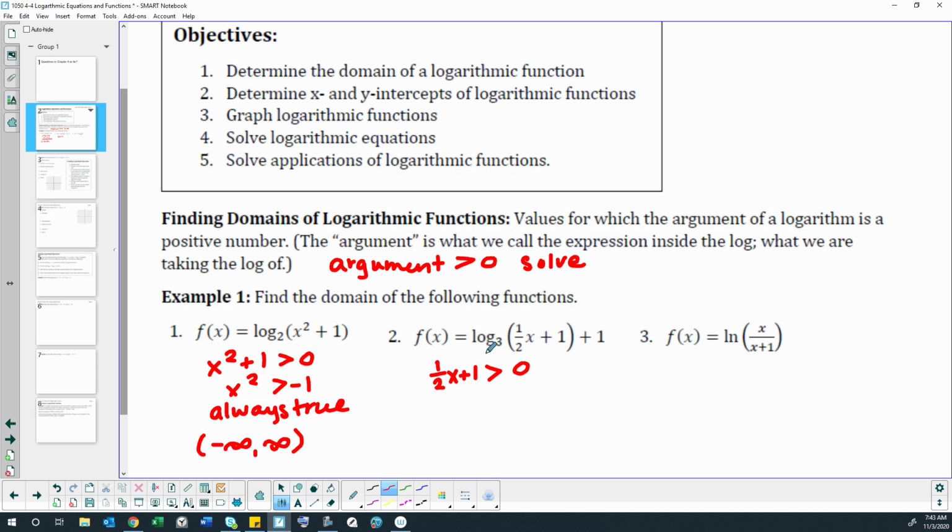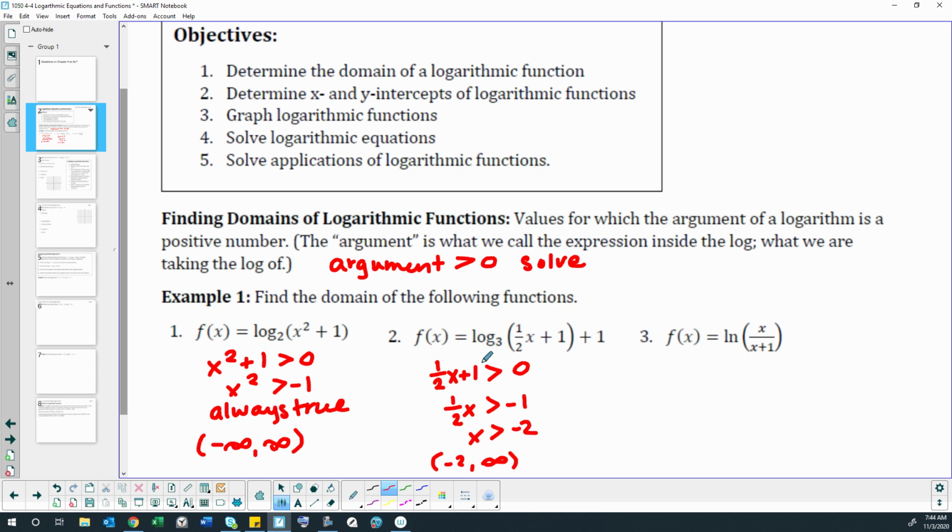Then 1/2 x is greater than negative 1, which means x is greater than negative 2, since dividing by 2 is undone by multiplying by 2. So the domain is parenthesis negative 2 to infinity.